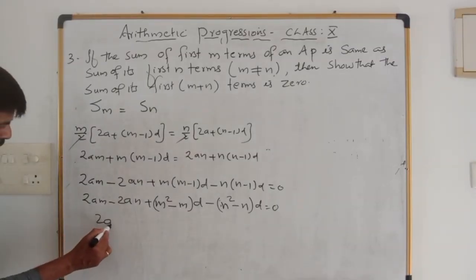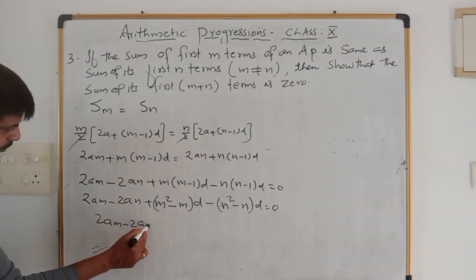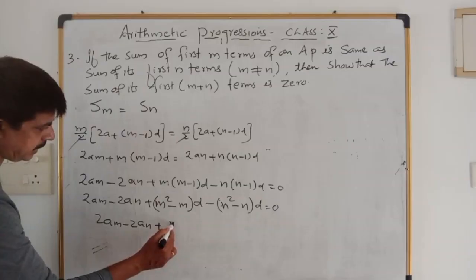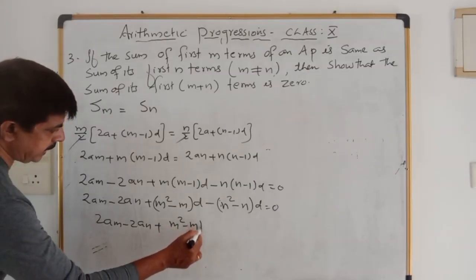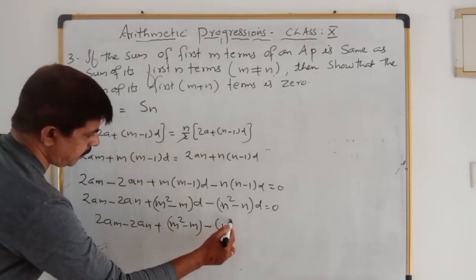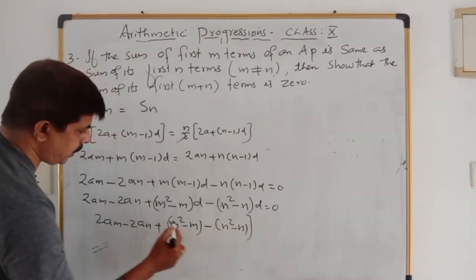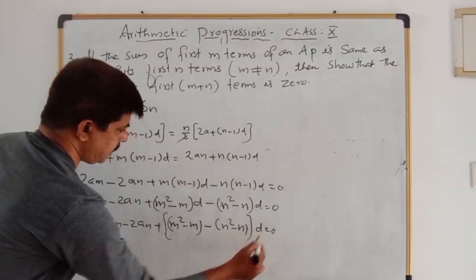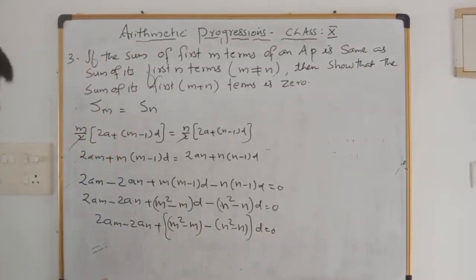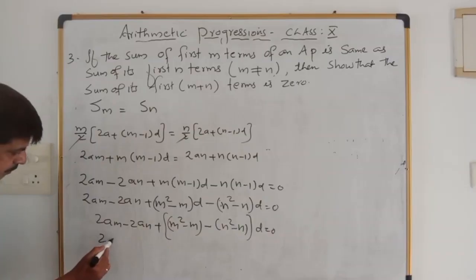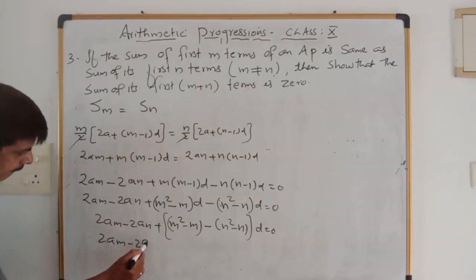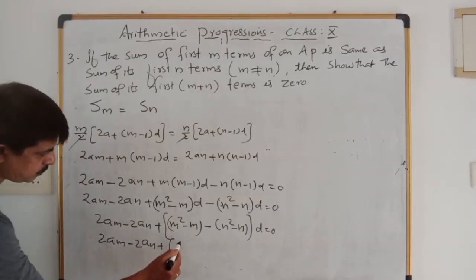So 2am minus 2an plus, taking d common. In the bracket, do some more simplification.